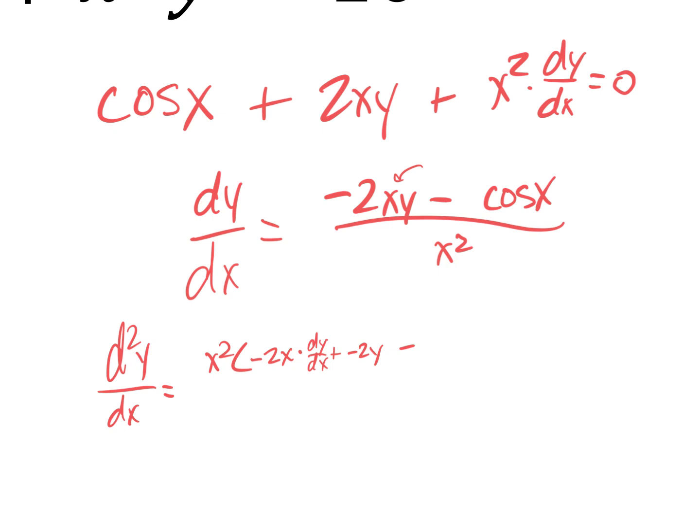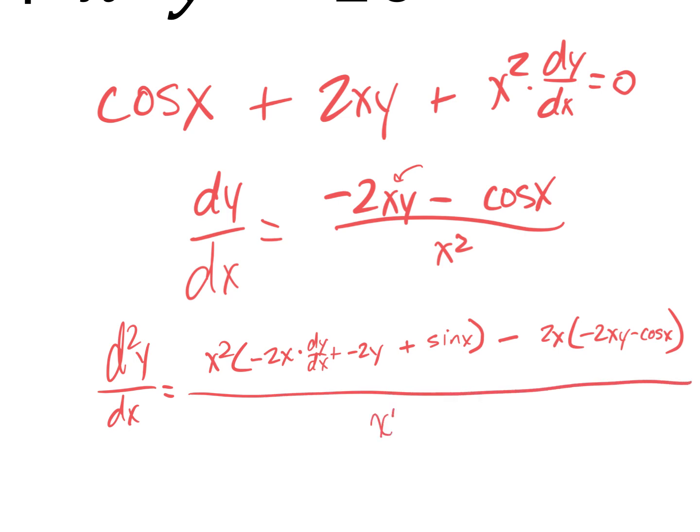And then the derivative of cosine is negative sine, so this becomes a plus sine of x. Minus, so that was low d high. So now I'm going to do 2x times negative 2xy minus cosine x, all over x to the 4th. Easy peasy, lemon squeezy.